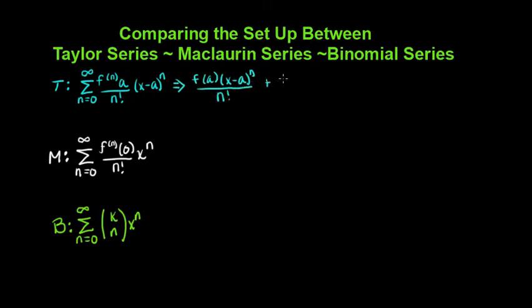This is going to be plus f prime of a multiplied by x minus a to the nth power over n factorial. So the only difference as we keep moving into all the new terms is just we're doing the derivative each time we go. So f of a, f prime of a, f double prime of a, x minus a to the n all over n factorial.